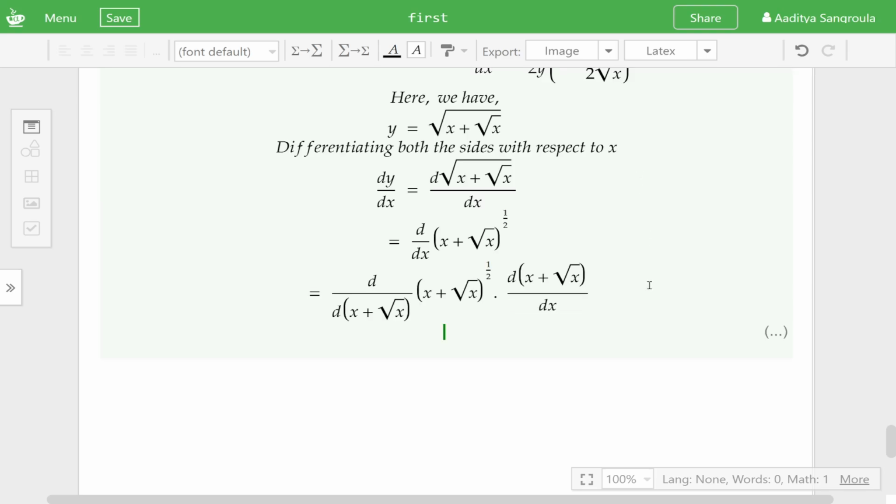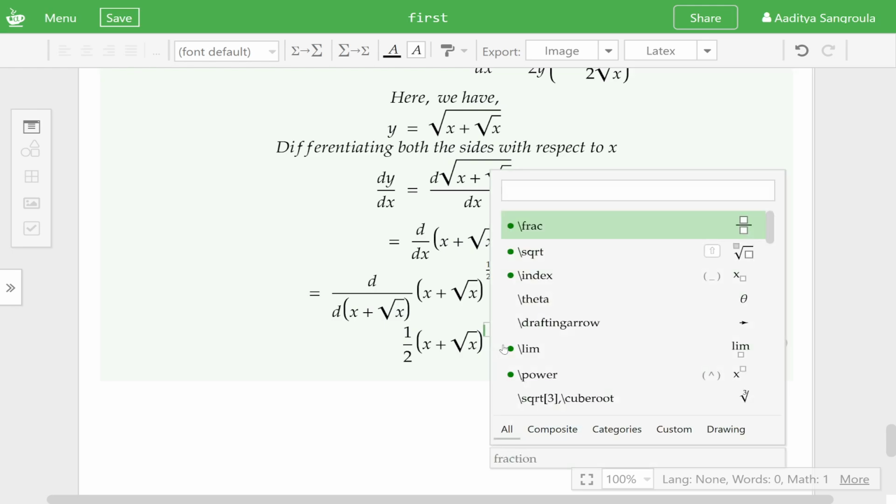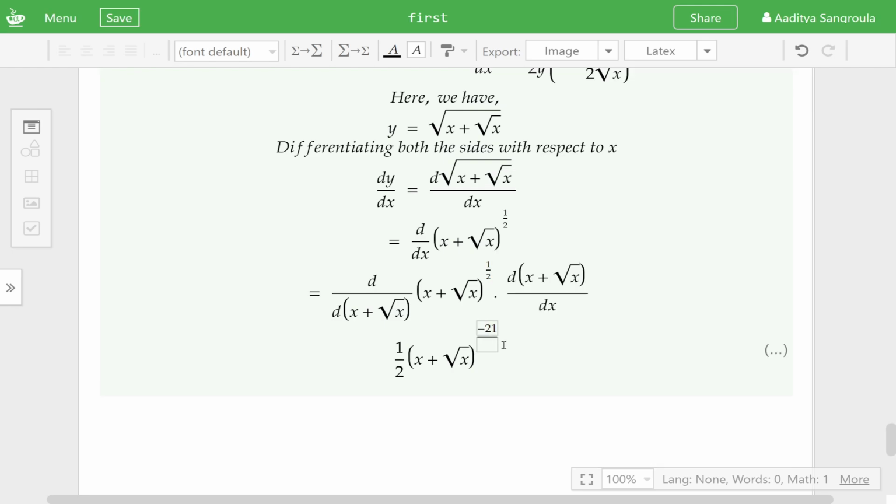So now we can use the power rule, so that's 1/2 times this thing raised to the power negative 1/2, because 1/2 minus 1 is minus 1/2, and all of this is going to be inside a bracket.